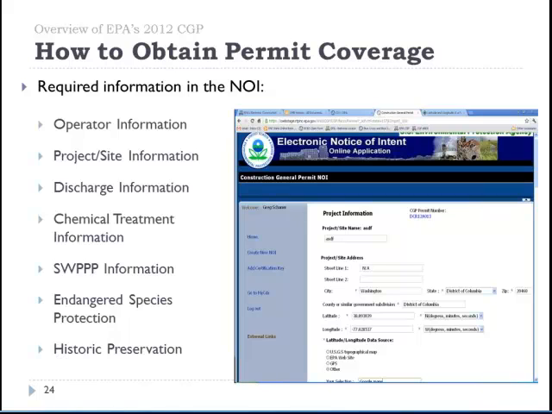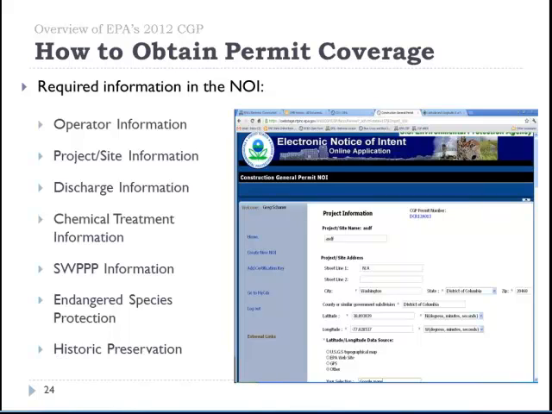Here we're specifically interested in finding out what surface waters you're discharging to, and if there are any surface waters on or near your site. There is a tool that will be available shortly in the ENOI system that enables you to map this yourself. Also, if you Google My Waters, you can find a tool on EPA's own website that you can use as well for this information.